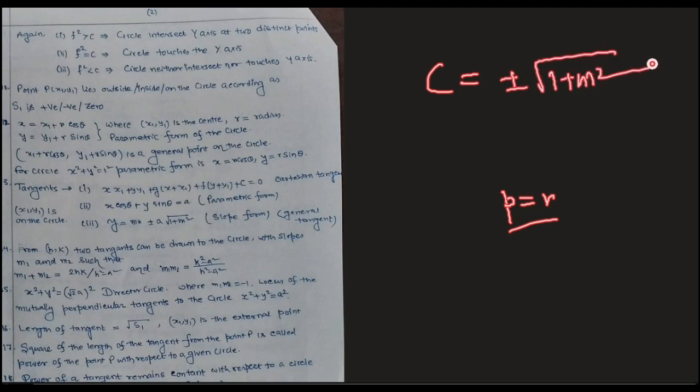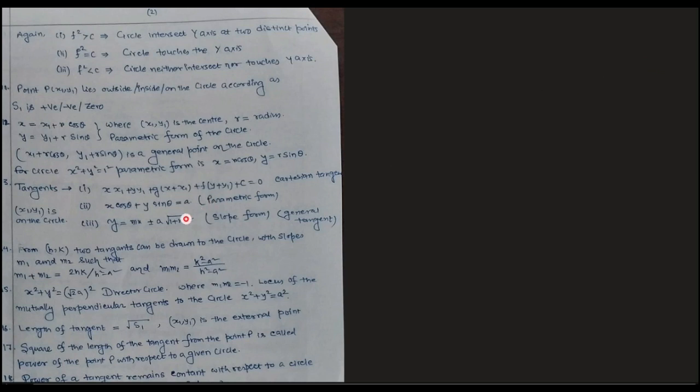So this c we don't want, we replace this c in the equation of the line, then we have y is equal to mx plus minus a root over 1 plus m squared. This is the slope form, where a is the radius of the circle, or the general tangent, we say.